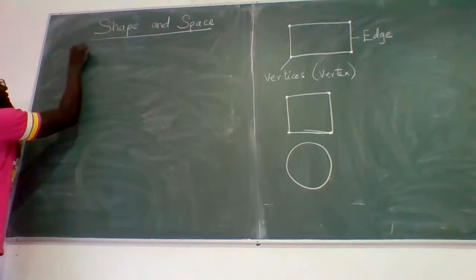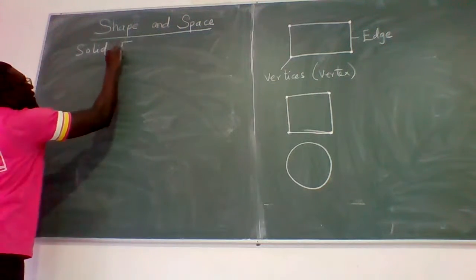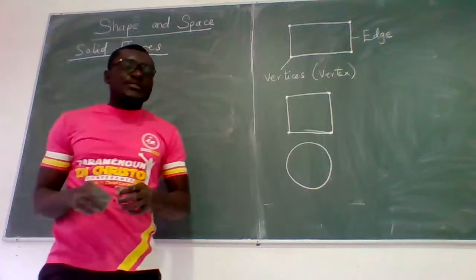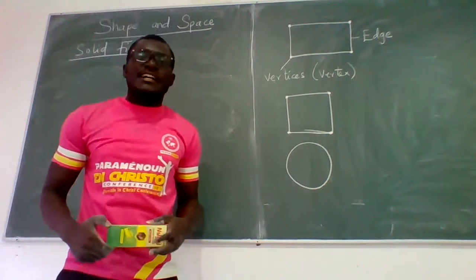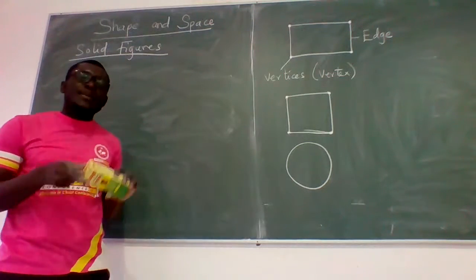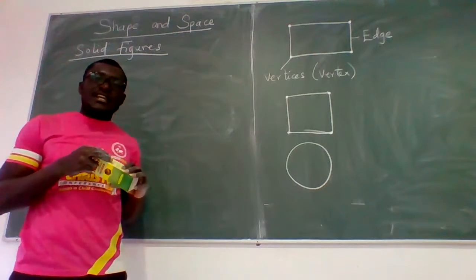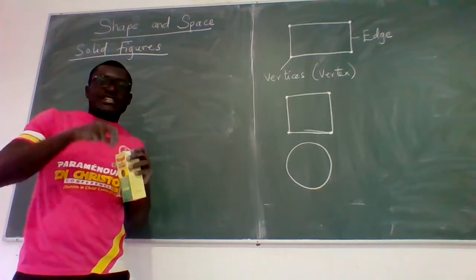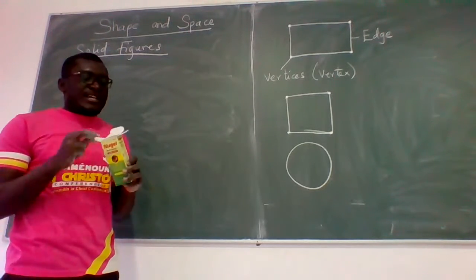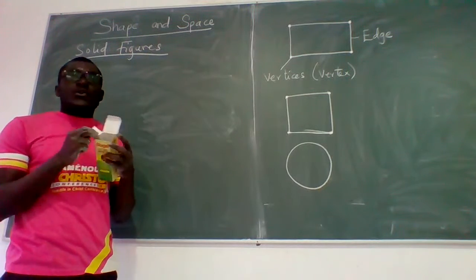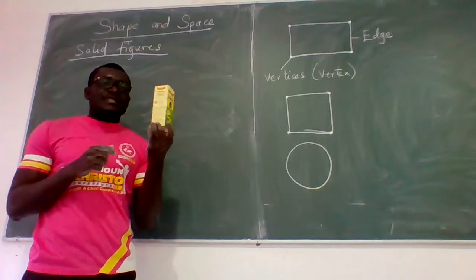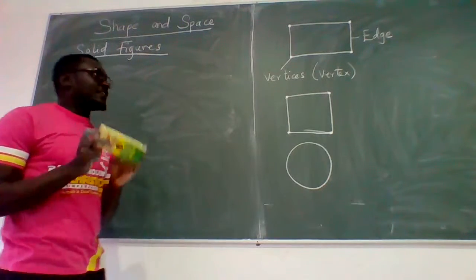So when we talk about solid figures, I simply would like you to consider a solid figure as something which can hold something in it, something we have some space in it that we can put something in, or maybe something that is filled in itself. So this is an example of a solid figure. It is solid because I can put something in this thing, or even if I assume it is already filled, then it can occupy some space. So this is a solid figure.